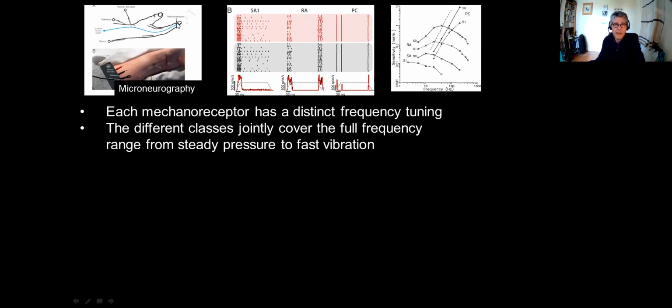Here, the mechanoreceptors on the fingertip that we previously were looking at send their afferents down the median nerve, and there's a particular point in the forearm where we can guess where the median nerve is, we can insert the electrode, and we can record from a single nerve fiber.